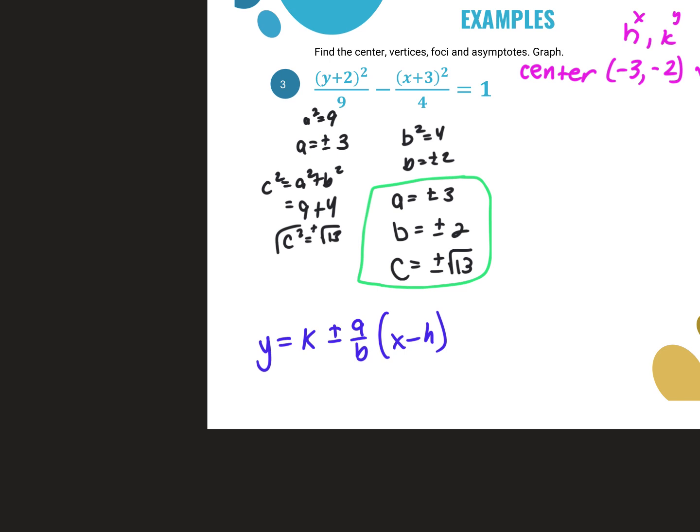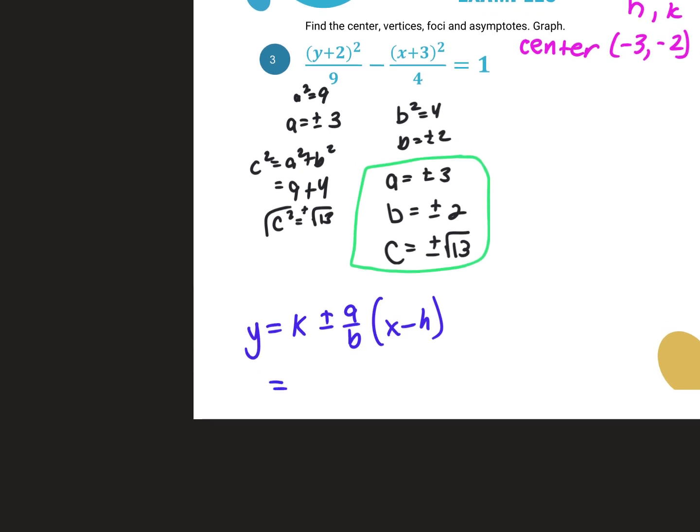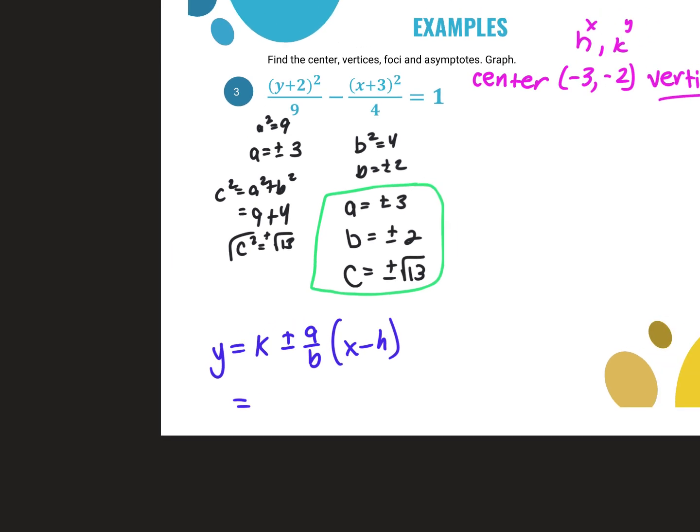Do we have all the stuff we need to throw in here? Yes. Okay. So let's just go ahead and do that. What is our K value? -2 plus minus, what's A? 3 over B is 2 times X minus, what's our H value? -3.